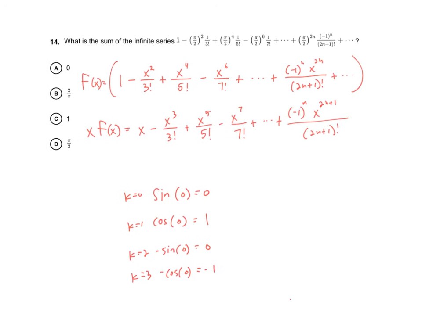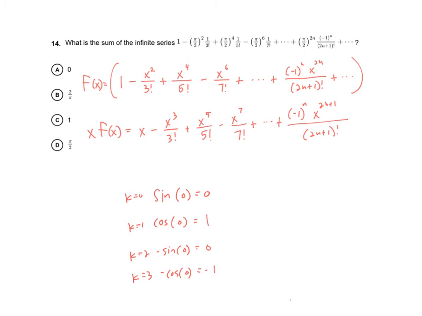If we put this into the Maclaurin series, we know the general term is f^(k) of 0 times x to the k over k factorial. So the first term will be just 0 because of that. When k equals 1, this part will be 1, and so we just get x. And that's how we got that.